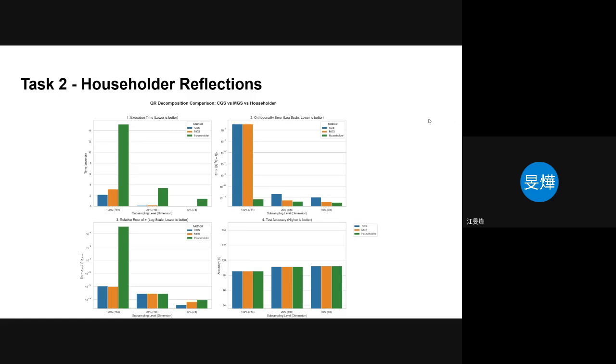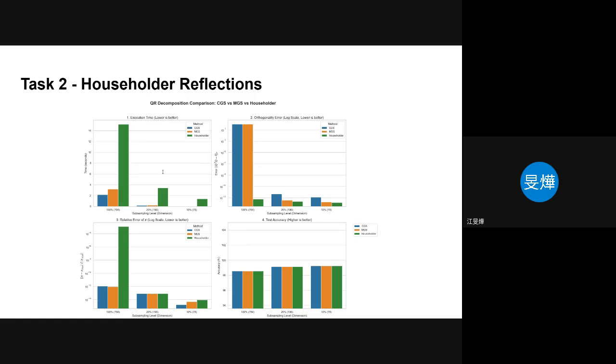At the 100% dimension, where our matrix is highly rank deficient, the blue and orange ones we saw earlier completely break down with an error of 1, but look at the green one, it stays firmly at the bottom, near 10 to the power of negative 14. Very nice, right? So Householder gives us absolute numerical stability and is completely immune to rank deficiency.